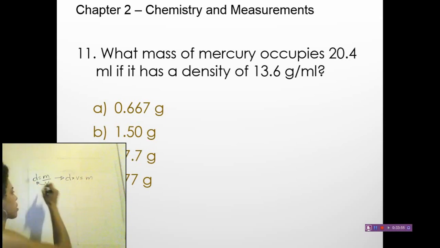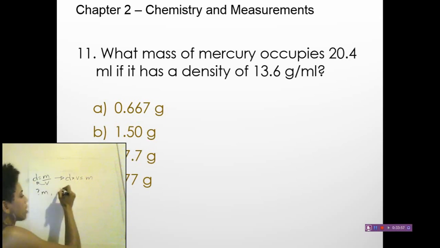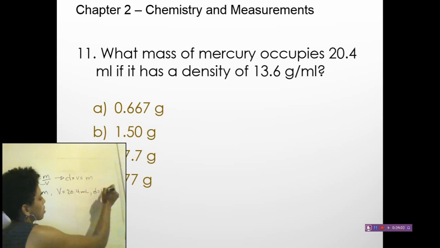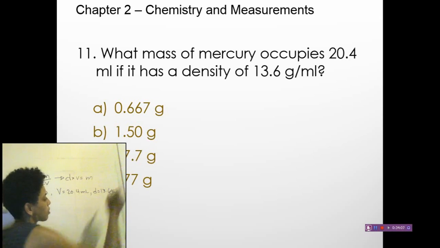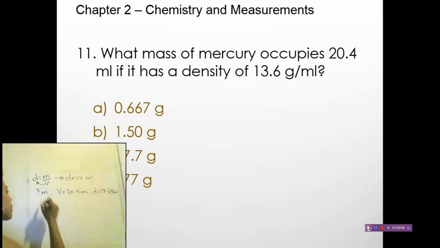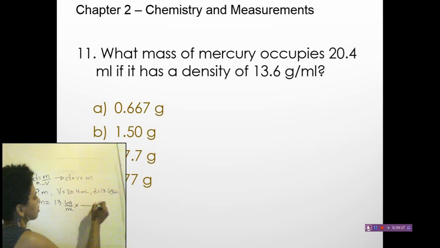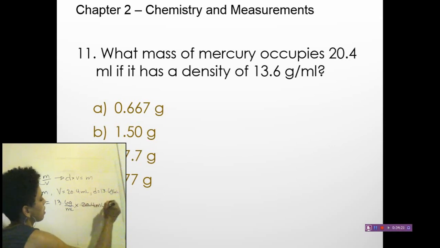So mass is going to be 13.6 grams per milliliter times 20.4 milliliters.